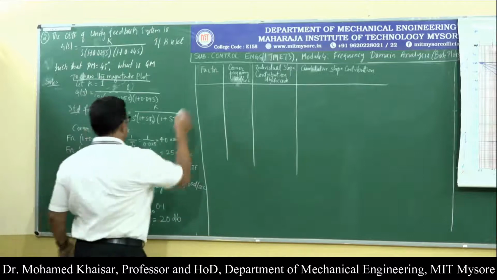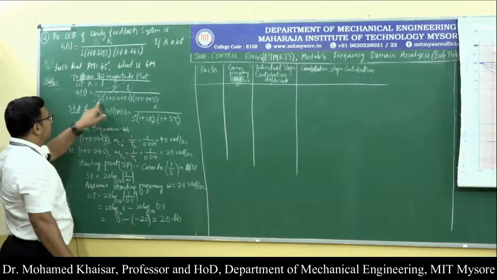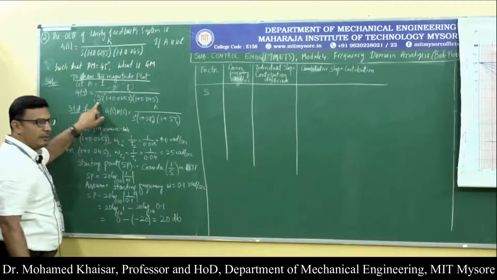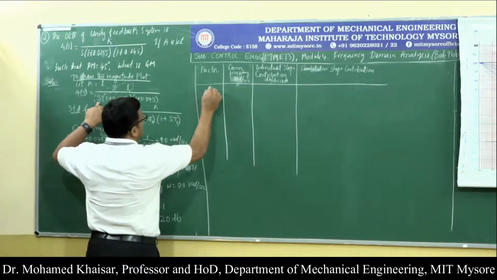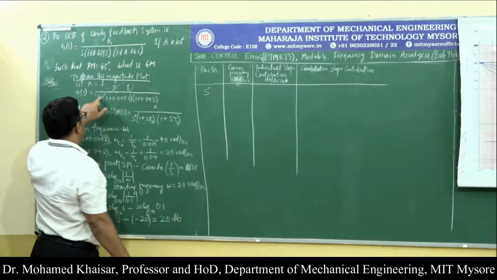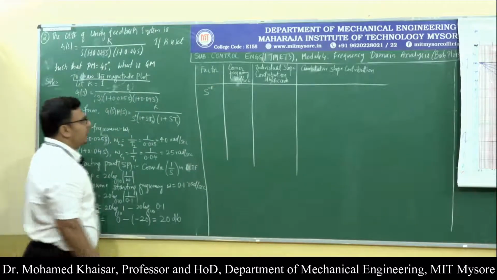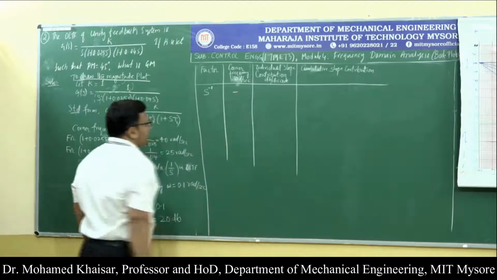Therefore, we start with the S factor present over here. It is present in the denominator, so minus will be its power, and its power is 1. It will have no corner frequency.